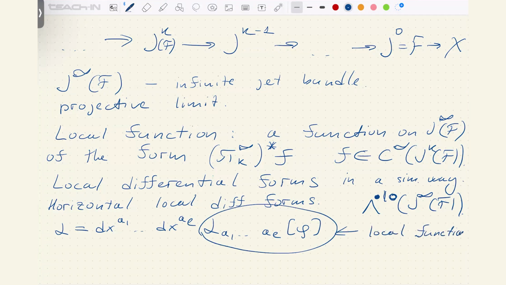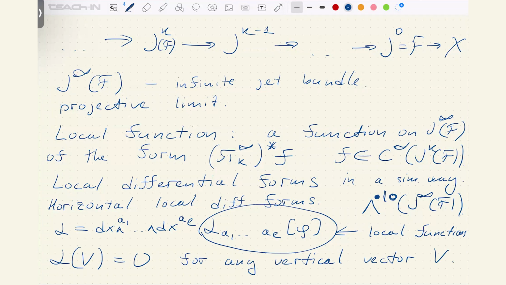So these are differential forms which only contain differentials of the base space coordinates. Invariantly, horizontal differential forms are those which vanish: if we evaluate α on V, it equals 0 for any vertical vector V. Vertical means tangent to the fibers.